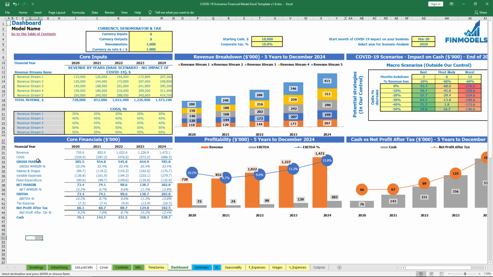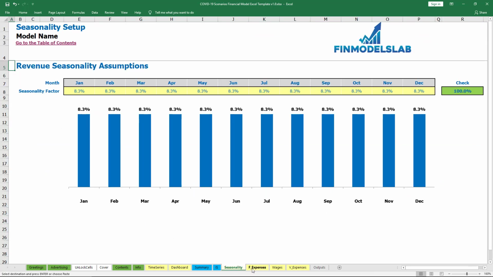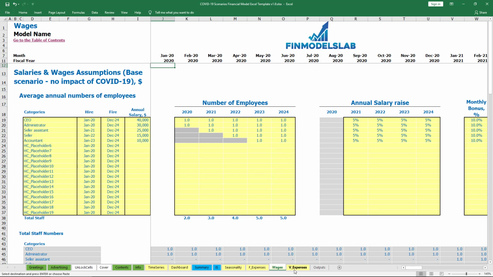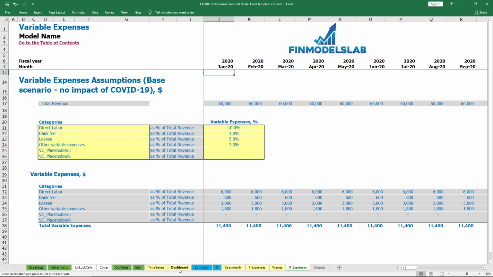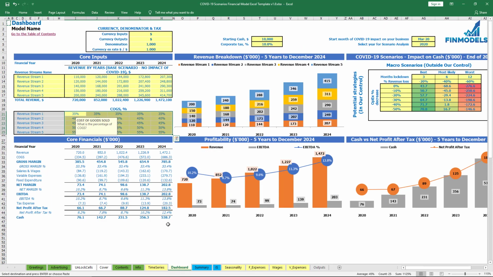Here we can enter some basic assumptions, like revenue streams and COGS assumptions, and we also have seasonality, fixed expenses, wages, and variable expenses. All this will create a basic scenario or base scenario.